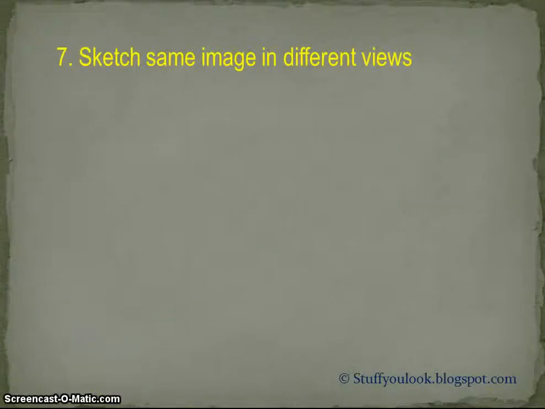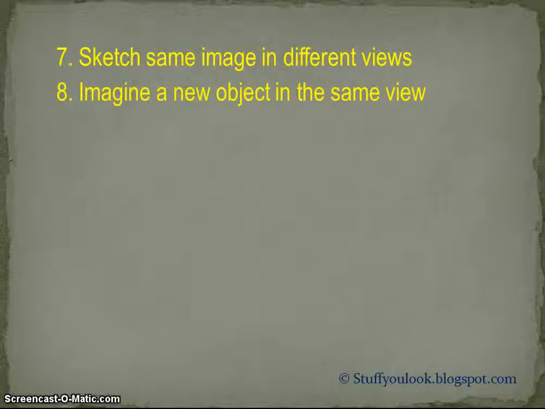After you have got some idea of how to draw things in three dimensions, take some example, say a laptop, and draw it in different views, different angles and different positions. This will help improve your imagination skill.